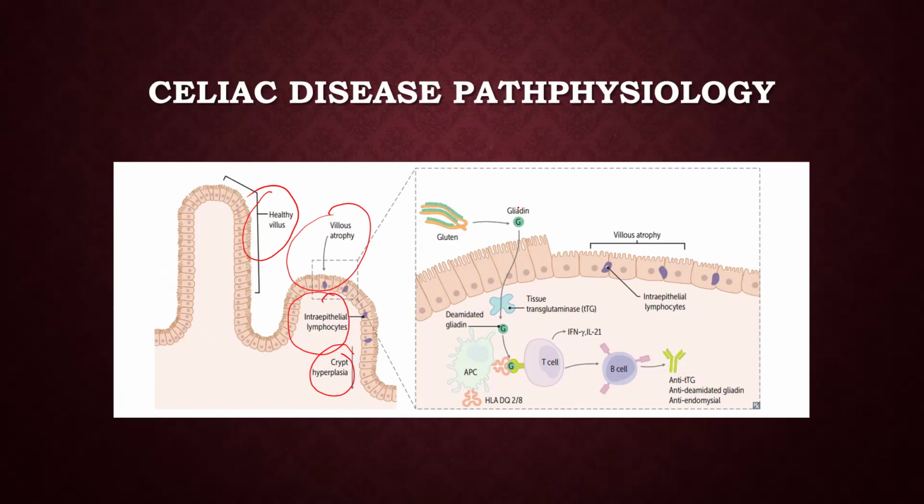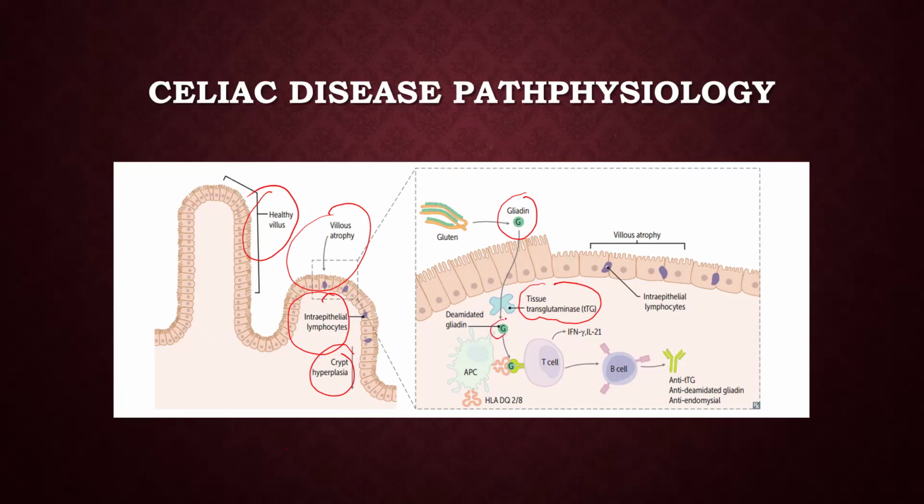When we take a gluten diet, it is digested into gliadin. Then this gliadin is taken up by enterocytes. The enzyme tissue transglutaminase deamidates this gliadin, right?